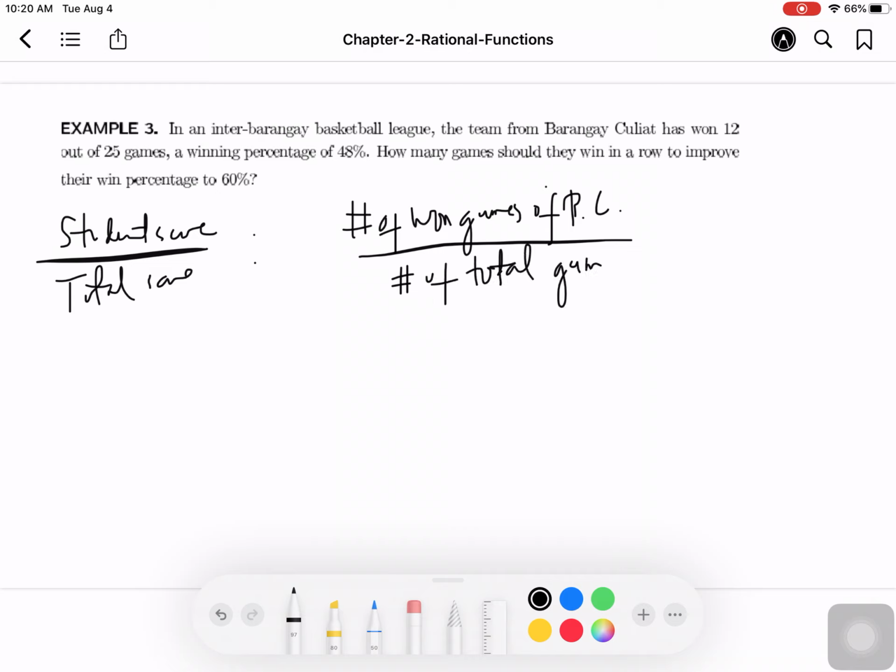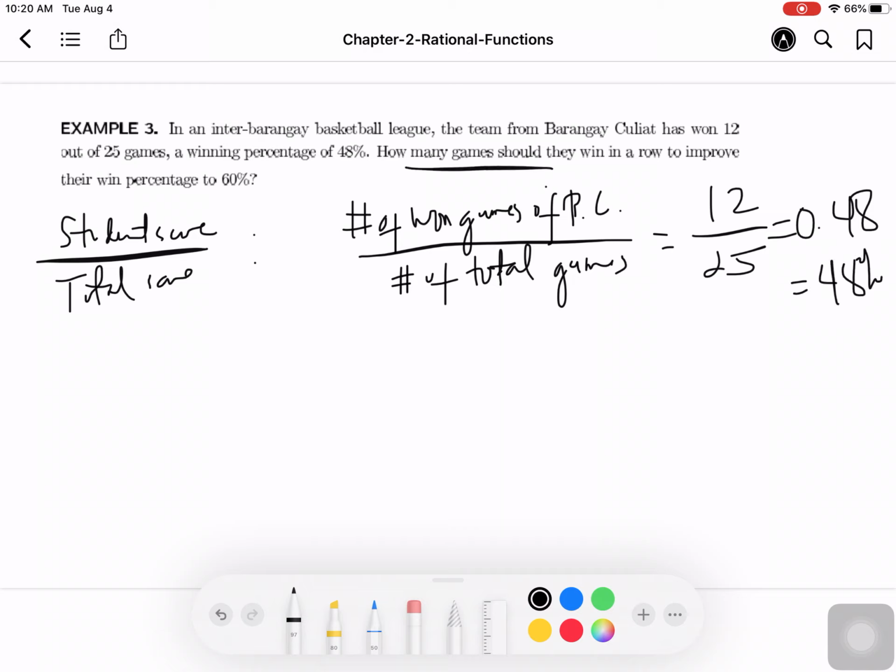Right? So at first, they won 12 out of 25. If we compute that, that is 48. So this is now 0.48 or equivalent to 48%. Now the question is, how many games should they win in a row to improve to 60? So it should be higher than 60 on this side.